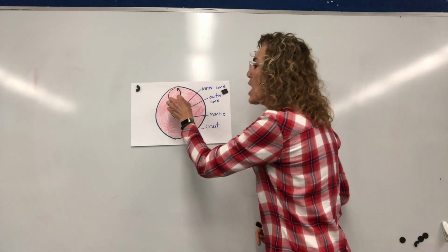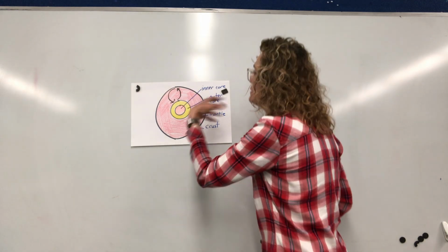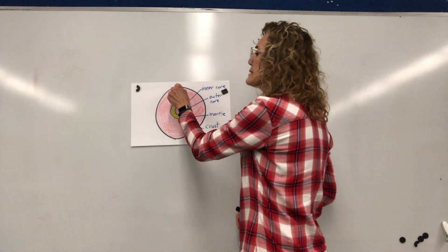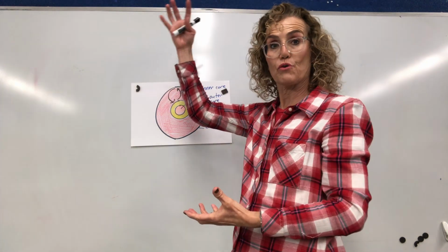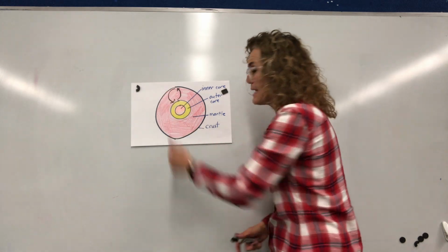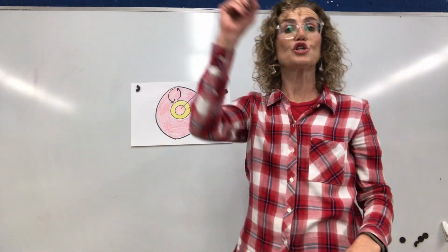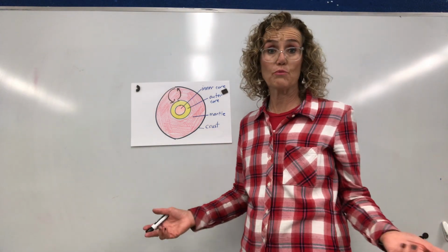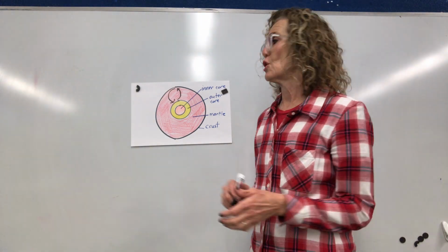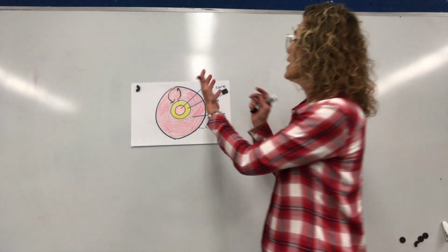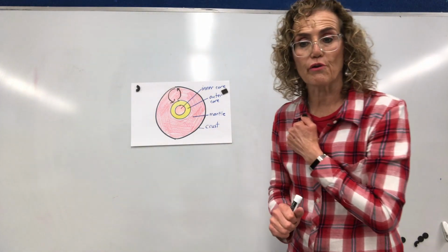The mantle gets hot, the hot rock, not really rock anymore because it's kind of liquidy, rises up to the outer part of the crust, and then it starts to cool and it sinks back down. And this is called a convection current. And the convection currents are part of the reason why we have earthquakes. It's also part of the reason why we have volcanoes. So here we've got the structure of the earth.